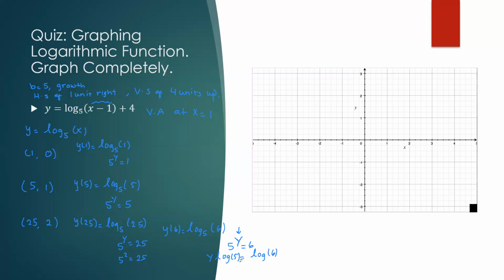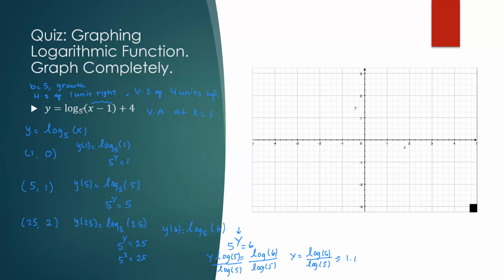Then go ahead and solve for y. I have to get rid of this log 5 by dividing both sides by log 5. So you have y equals log of 6 over log of 5. You put that in the calculator and you'll see that you get about 1.1. But for right now, I'm just going to use 1, 5, and 25.